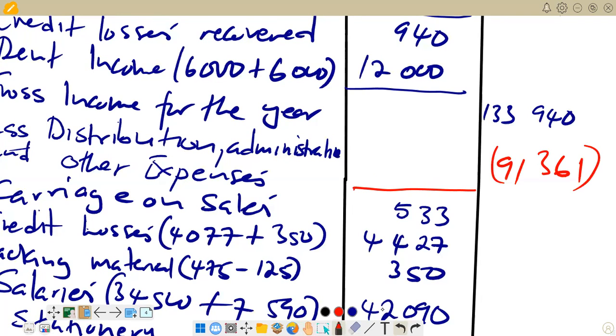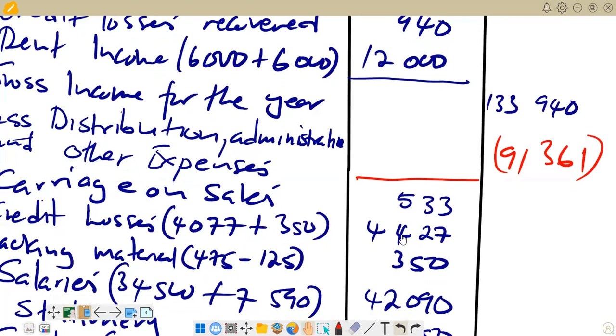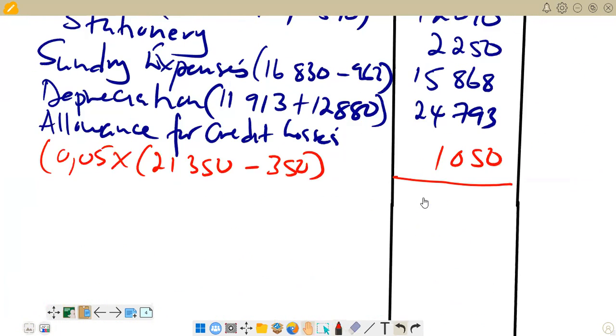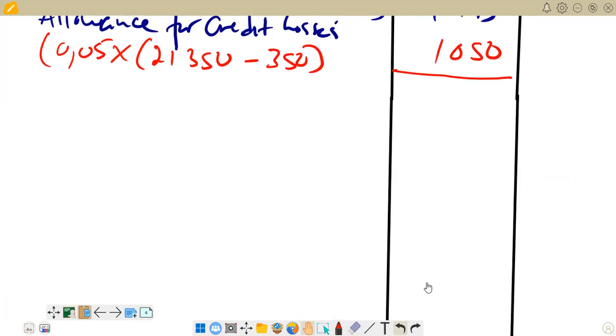And then after that, we are going to say gross income minus this list, minus the distribution, administrative, and other expense figure, which is 91,361. Subtract there: 133,940 minus 91,361. And to see the answer that we are getting, we are supposed to put it down here. Let's try to see what answer we're getting there.